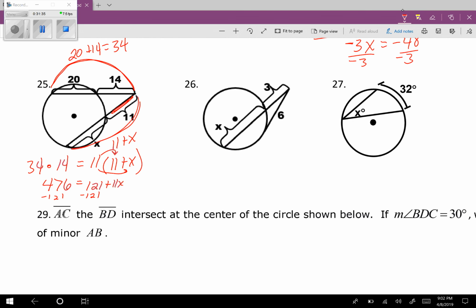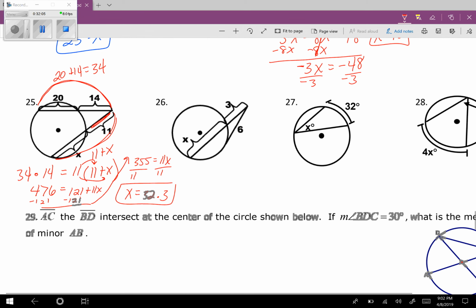So I'm going to come up here. So we have 476 minus 121. That's 355, and that's equal to 11x. So divide by 11. And we'll round to the nearest tenth. So we get x is 32.3. Okay, so 32.3.